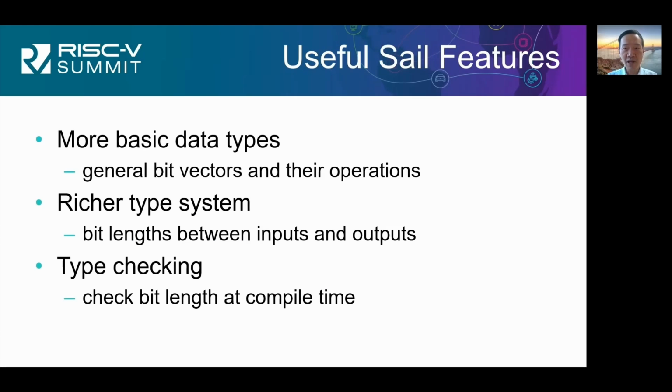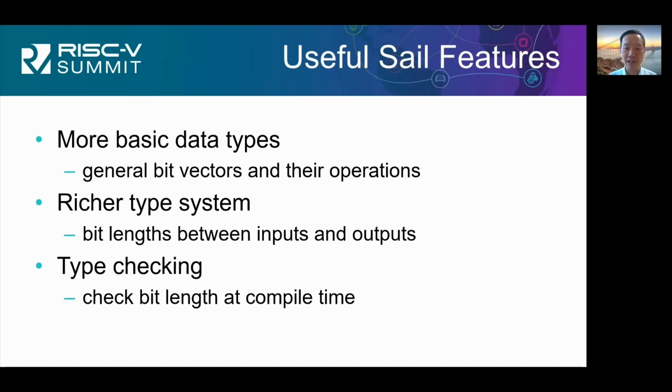Okay, so CL does provide more basic data types. For example, the bit vector can be of more free bit length. Instead of being restricted only to 16 or 32 bits, we can have 128-bit bit vectors, and also their operations.